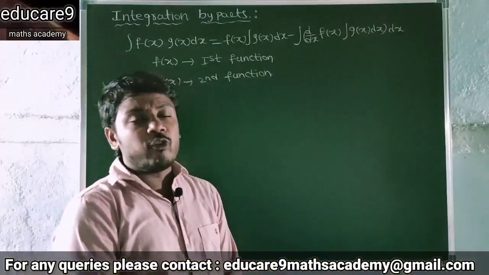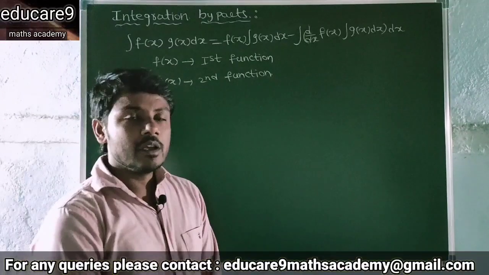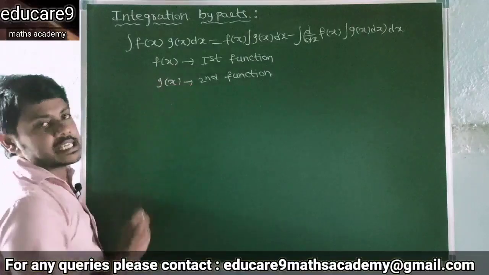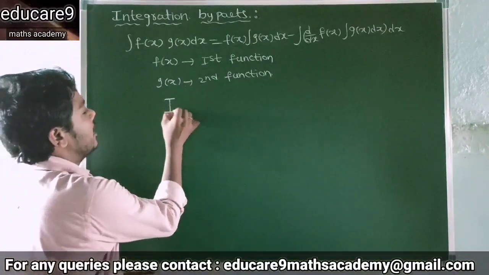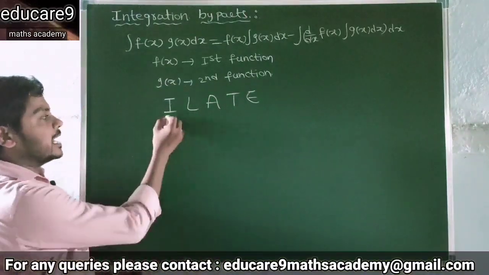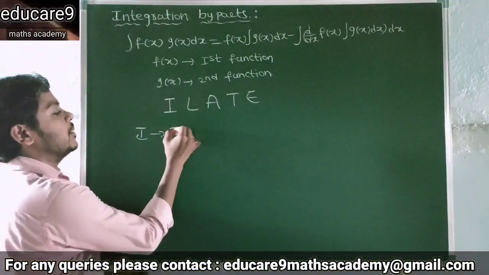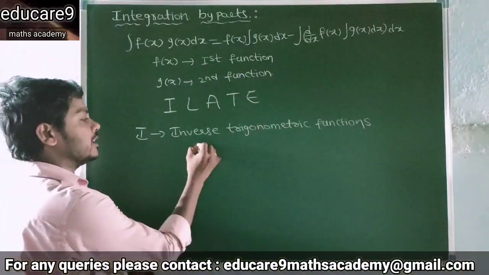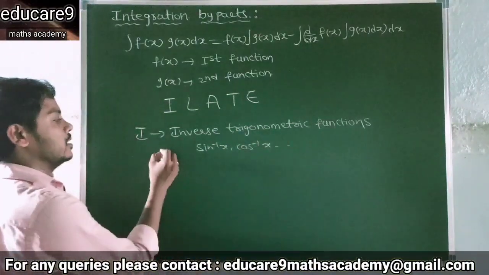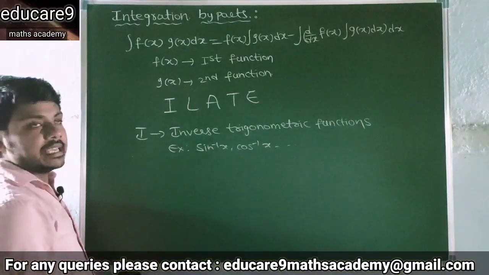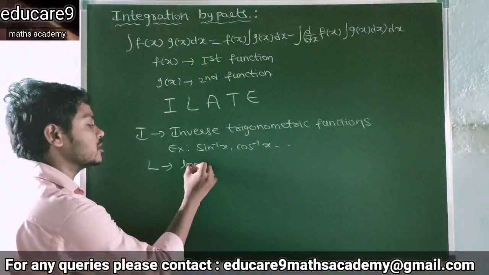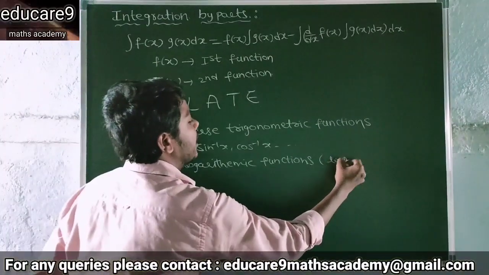But how to find the first function and the second function? We use a shortcut method: ILATE. Here I means inverse trigonometric functions, that are sine inverse x, cos inverse x and so on. L is logarithmic functions, that is log x.